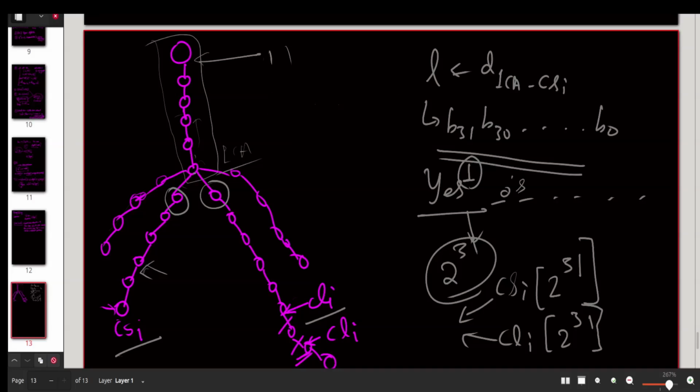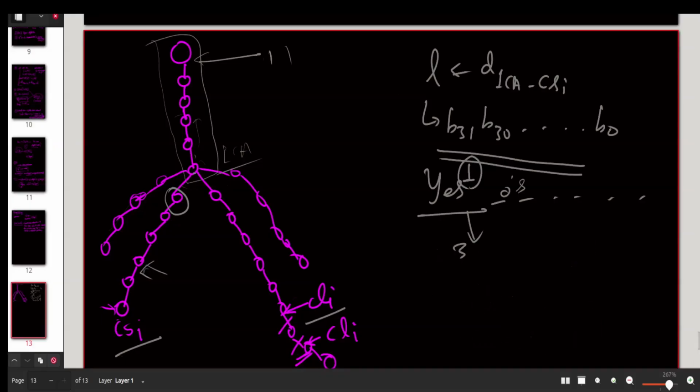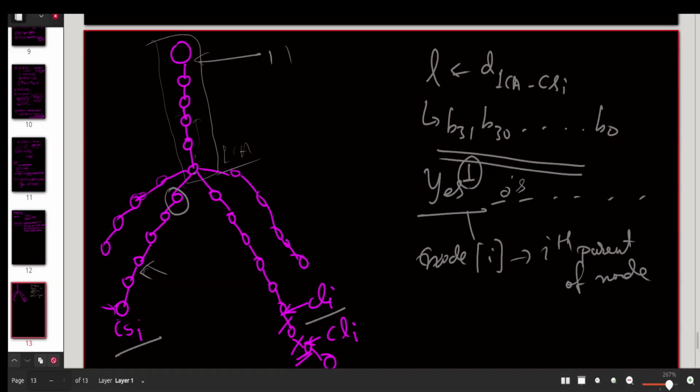So yeah, it's 2 power 31, and if you end up at a node, simply put, let's say node of I represents the ith parent of the node. So the condition we want is that CSI's and CLI's 2 power I parents shouldn't be equal.